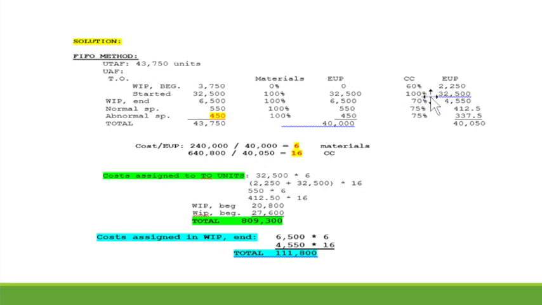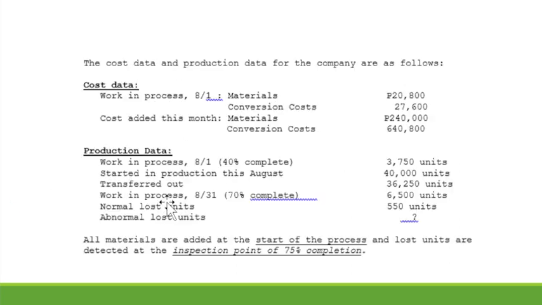It started for this period, conversion cost, 100%. Okay? Kasi gagawin mo yan lahat. Okay? Then, the WIP ending is 70%. Bakit 70% yung WIP ending? Ano bang naka-indicate? Ang sabi dito, work in process, August 31 is 70% complete.